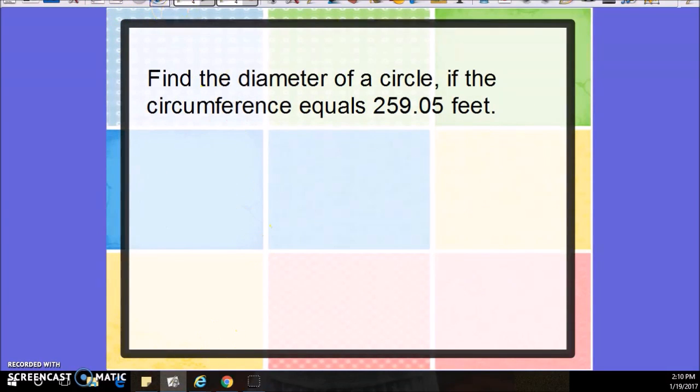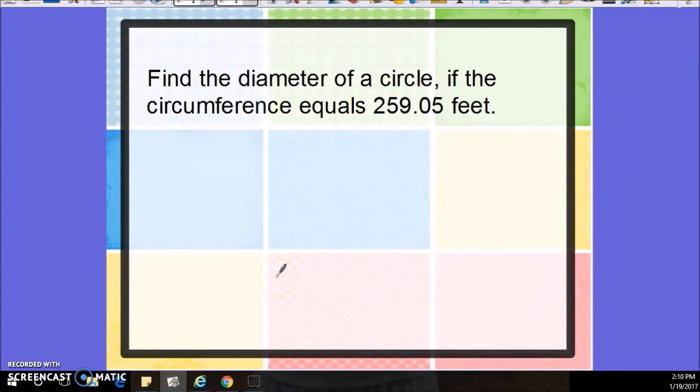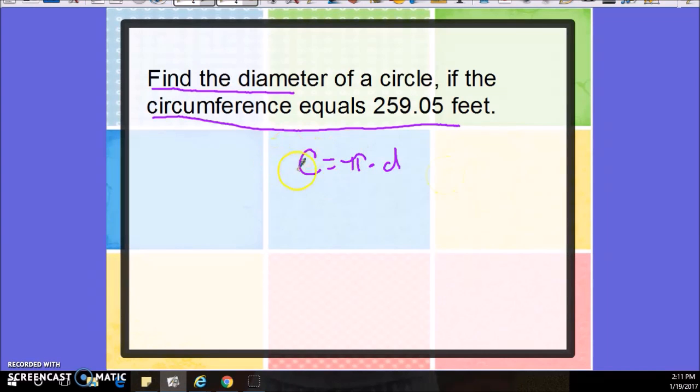Alright, for the next one, we're going to skip over this one. Find the diameter of a circle if the circumference equals 259.05. We know that we want to find the diameter, and we know what the circumference equals. Our equation for circumference is pi times diameter. We already have the circumference, so we put that in its place: 259.05 equals pi times diameter.